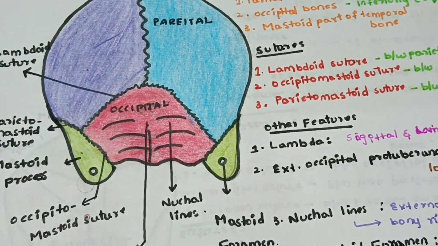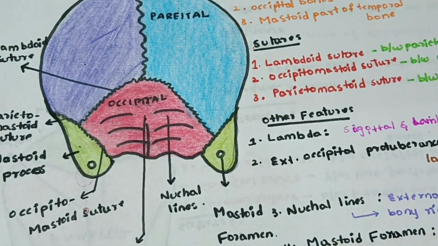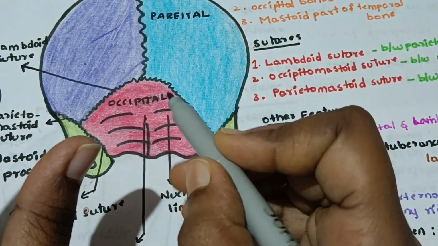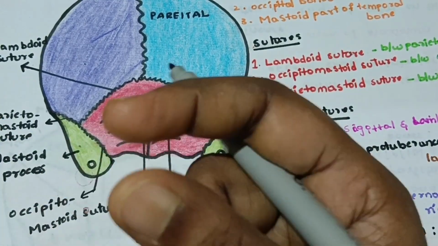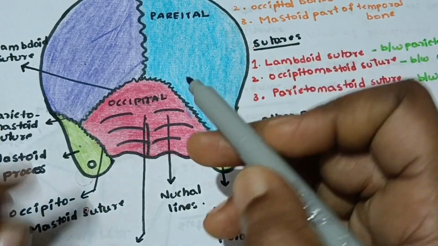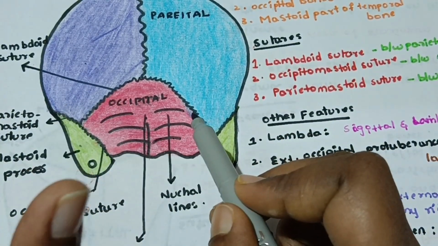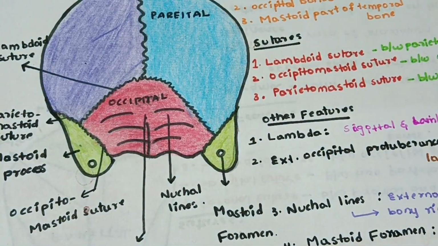There are some other features along with these. What are they? The external protuberance, something elevated on the posterior aspect. These are the nuchal lines, the ridge elevations on the occipital bone.